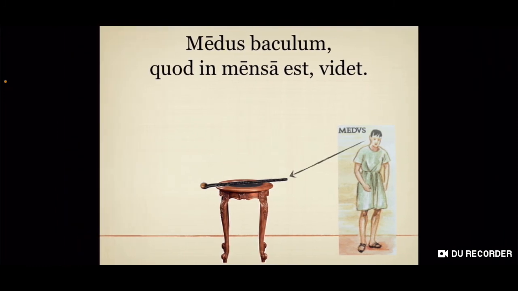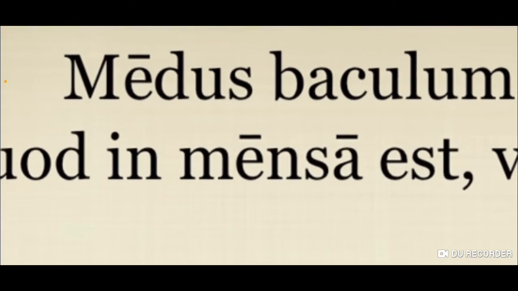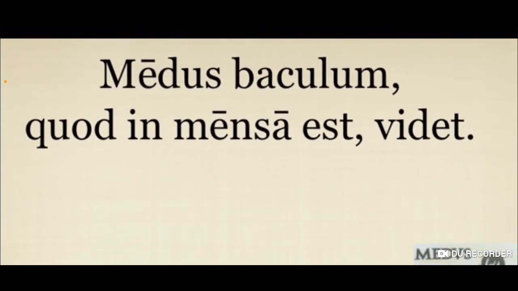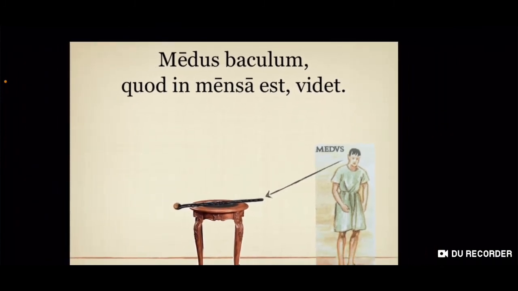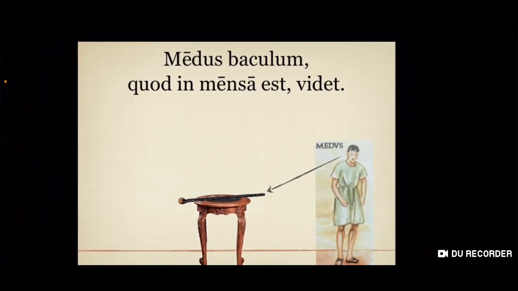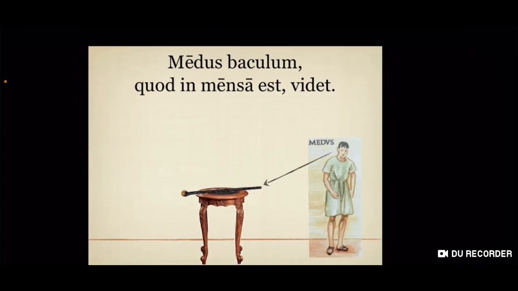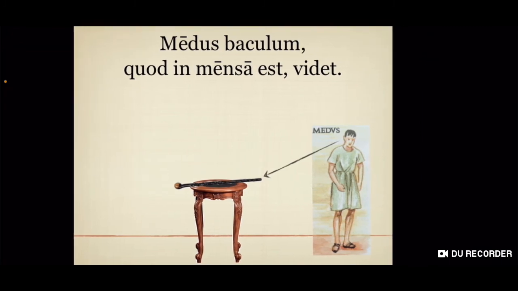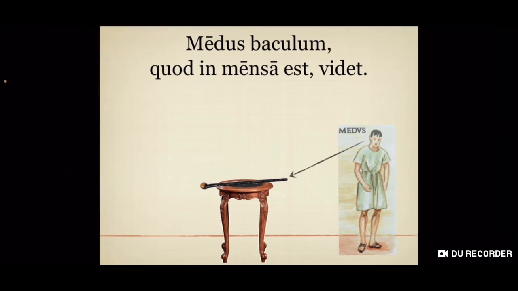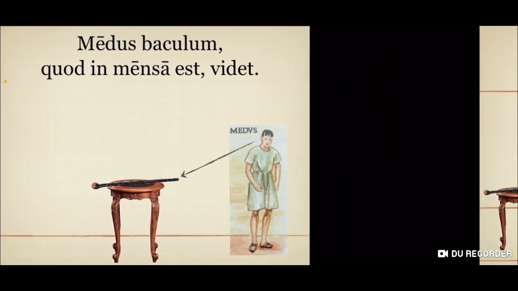See, I said that wrong based off grammar, because it would be Medus baculum, not medi bacula. So yeah, Medus baculum quod in mensa videt. Medus sees the stick which is on the table.